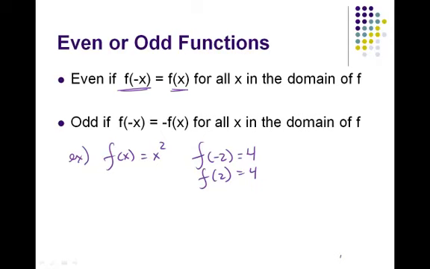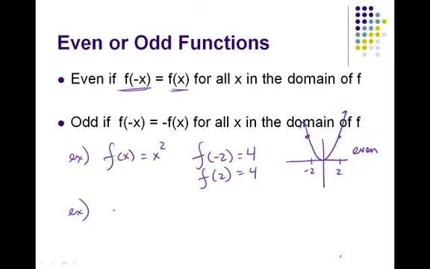So this is an even function because when I look at a negative position versus a positive, I get the same value. This graph, of course, is a parabola passing through 0, 0. So if I plug in negative 2, I get the same value as I plug in positive 2.